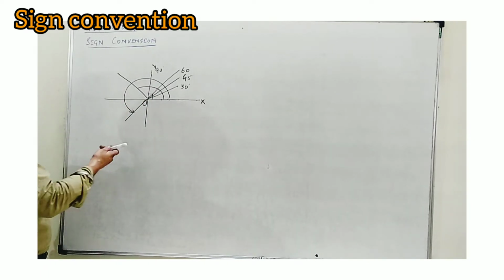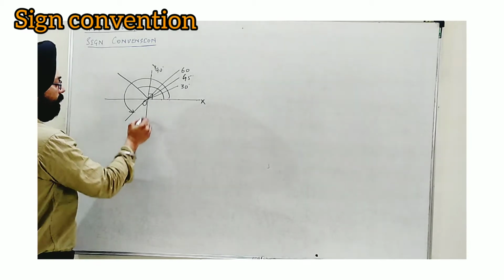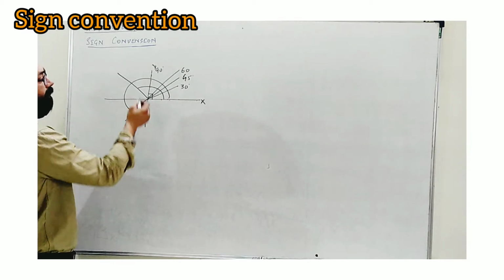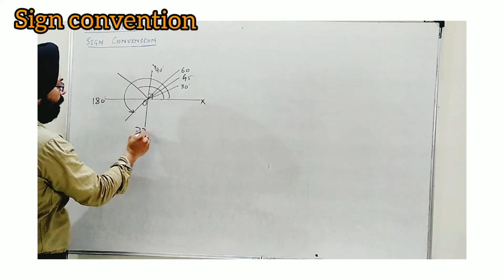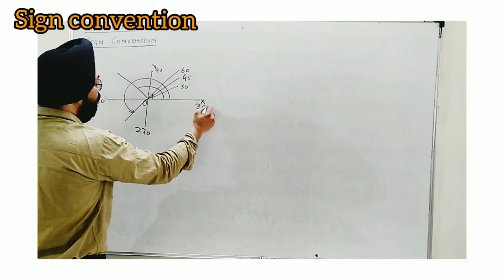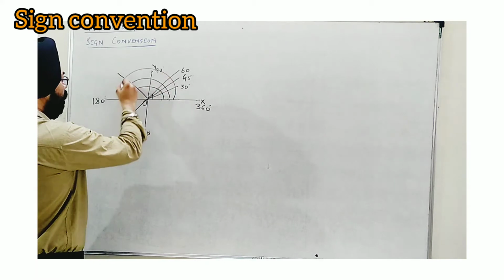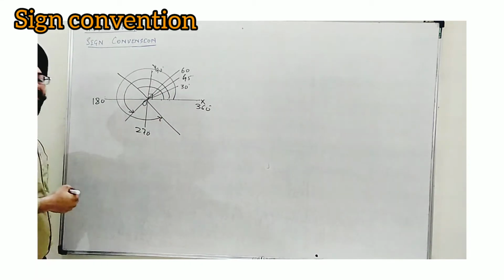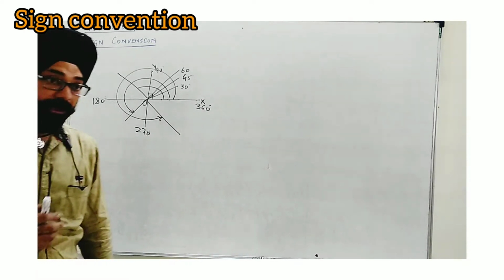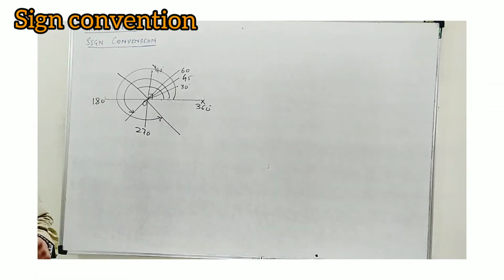Maybe the angle goes beyond this position. Let's think: this is 90 plus 90 is 180, plus 90 is 270, plus 90 is 360, a complete angle. What happens when the angle comes somewhere here? All these things we have to discuss, but before that, the most important thing is sign convention.